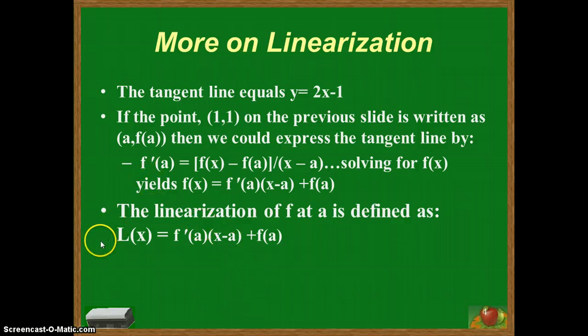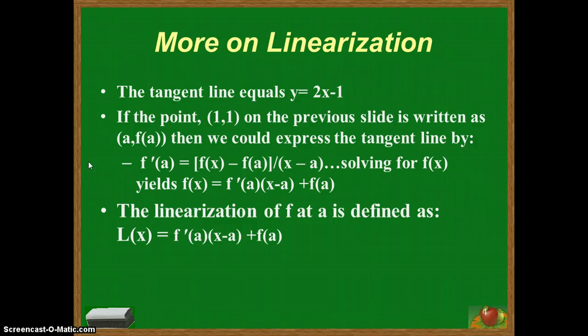Here's an example. Remember the picture before. Tangent line: y equals 2x minus 1. If the point (1, 1) on the previous slide is written as (a, f of a), where a is 1 and f of a is 1, then we could express the tangent line using this equation. f prime of a, meaning the slope at a, equals f of x minus f of a over x minus a.